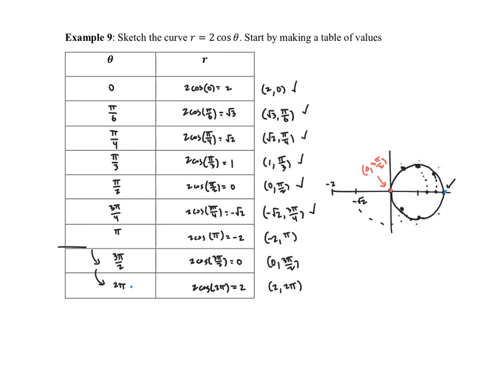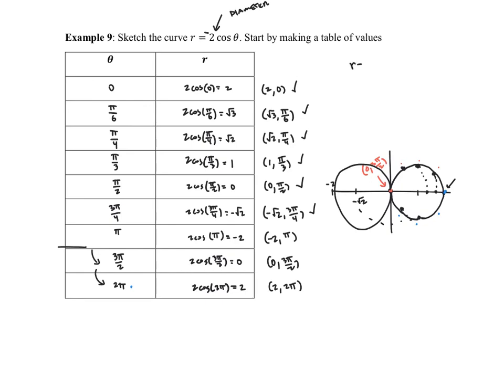Now, it's kind of cool, but the 2 here just represents the diameter of the circle. Now if this were negative 2 cosine theta, all it would do is flip the circle to the other side. But I think of cosine as like x, so its center is on the x-axis.